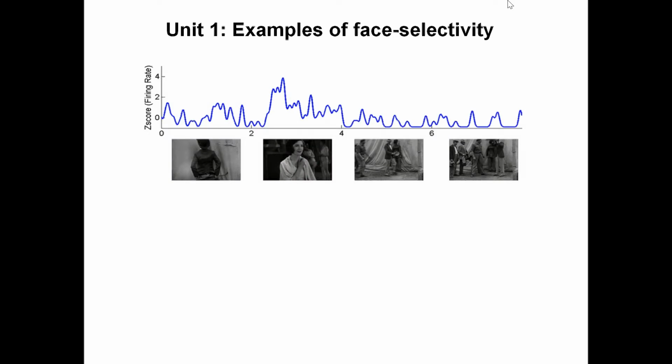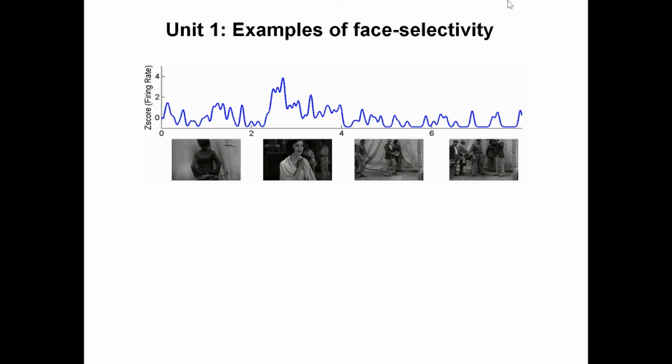And here I show you just several examples of face selectivity that we found. For example, this is a segment of 8 seconds, and the trace is a firing rate, and the frames are representative frames of this period of time. And you can see that for face there was an increase in firing rate.